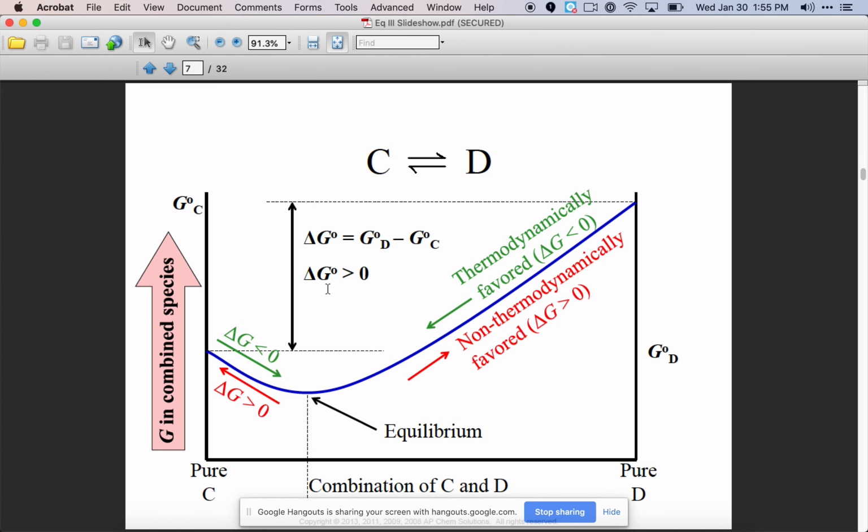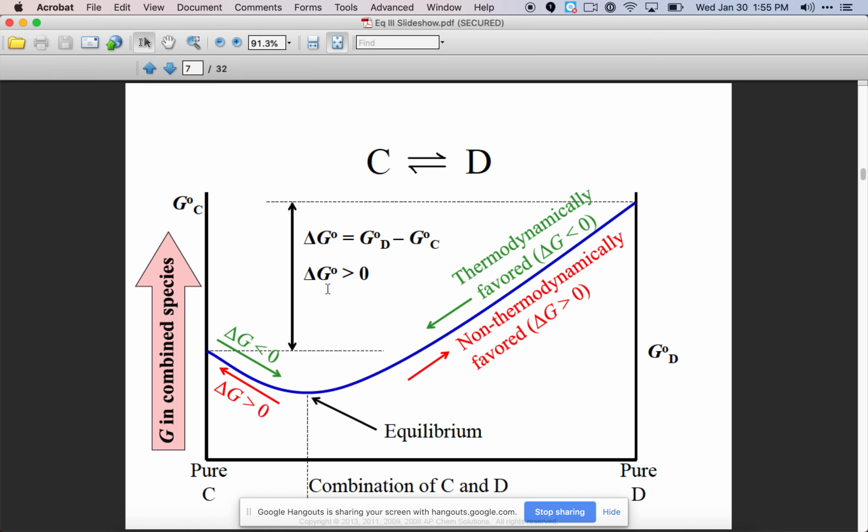Wait, I thought if delta G was positive, the reaction couldn't happen at all. In this situation it can, because going from the product, which is higher in energy, down to the reactant makes it negative. I know it's kind of weird. So it's starting with products and going to reactants?